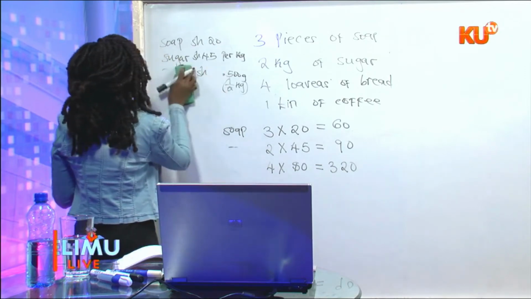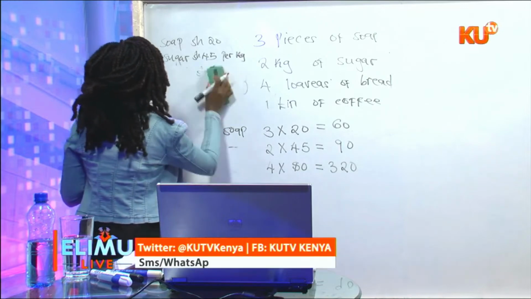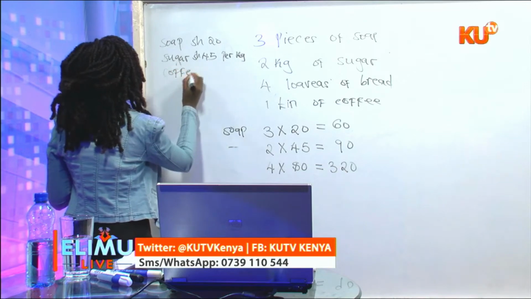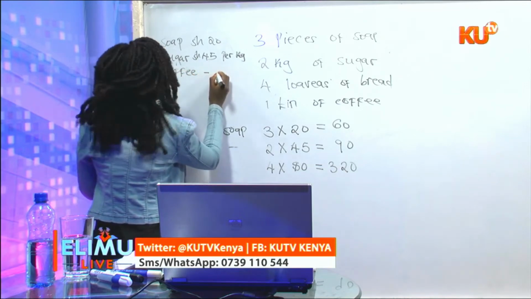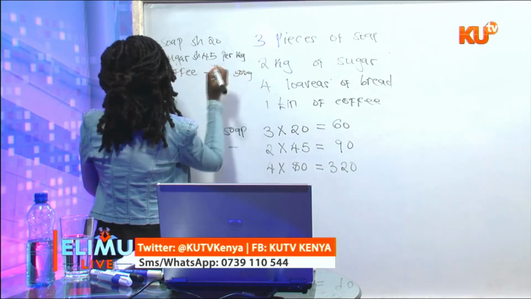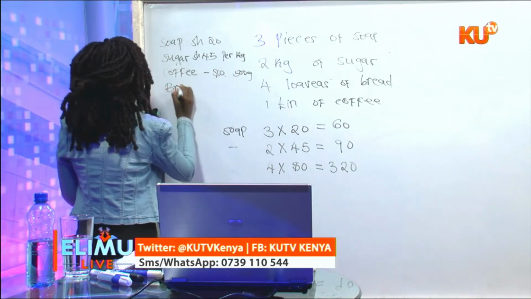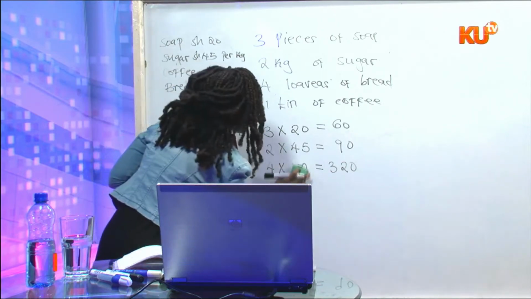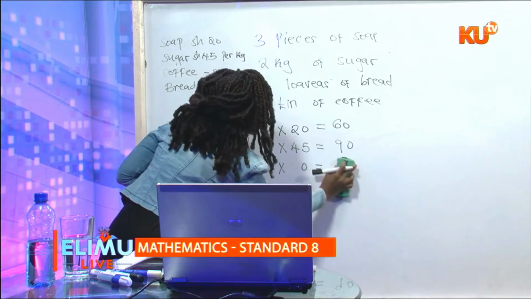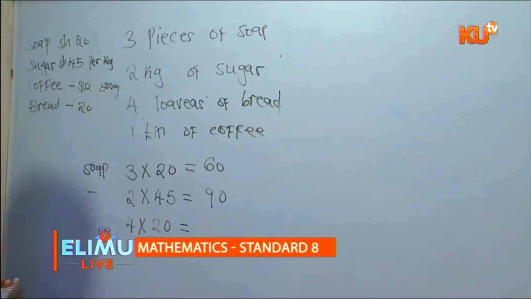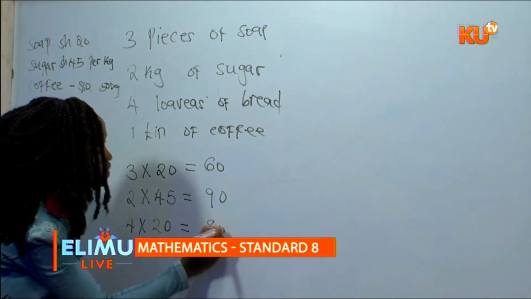This was coffee. Let's correct here. So coffee was 80 shillings per 500 grams. Sorry for that. And then we had bread, which costed 20 shillings per loaf. So here we are going to change this. Bread costed 20 shillings, so it is 4 times 20, we get 80 shillings.